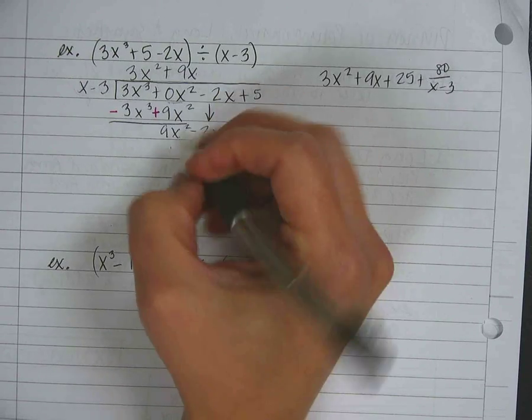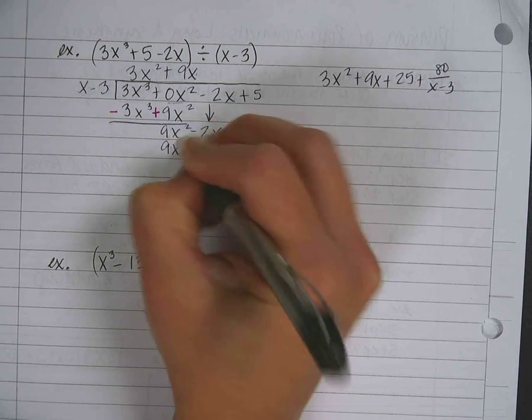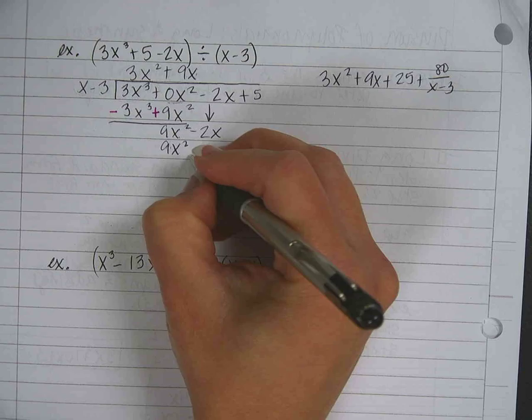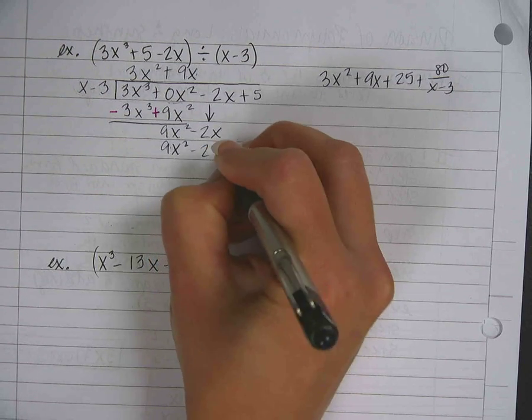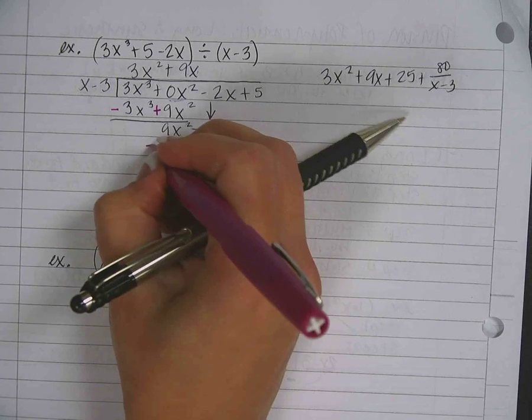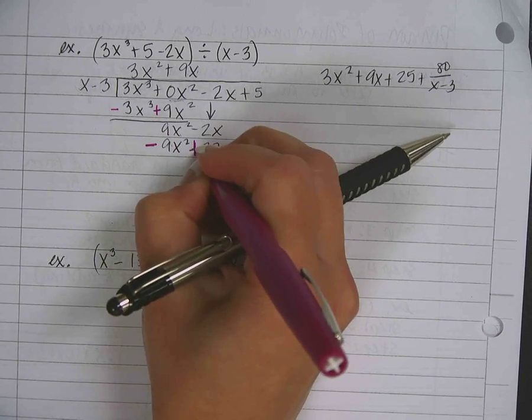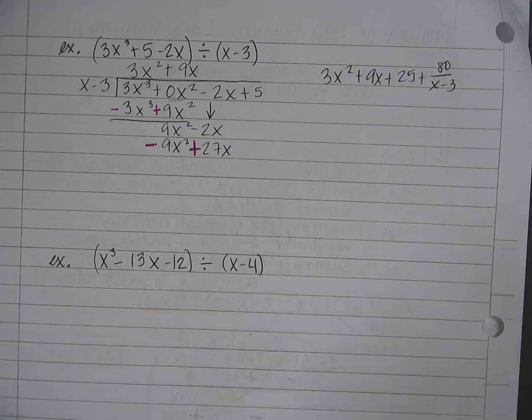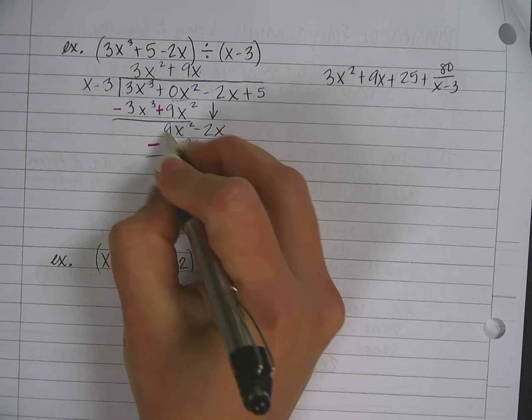So 9x times x, 9x squared, 9x times negative 3, negative 27x. So then I'm going to switch my signs. So this becomes negative, and this becomes positive. These cancel.